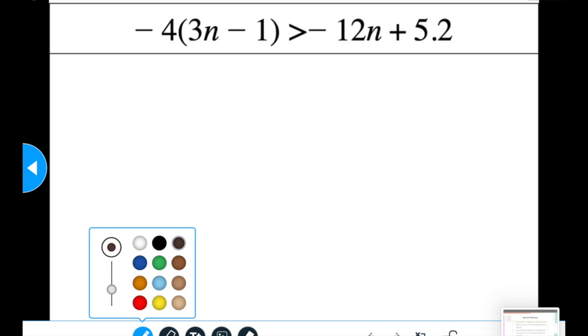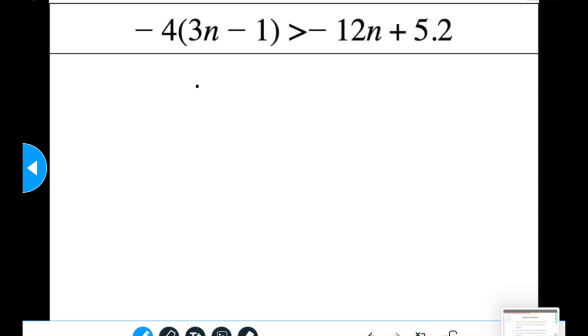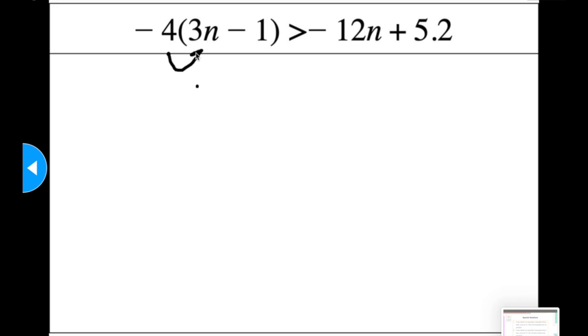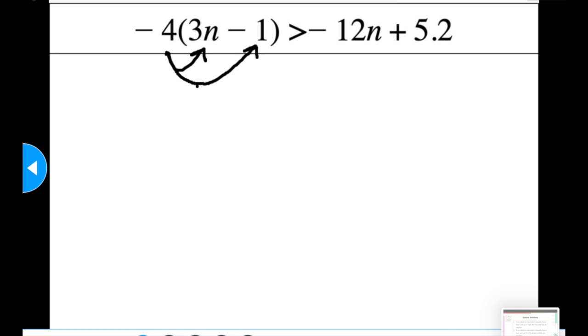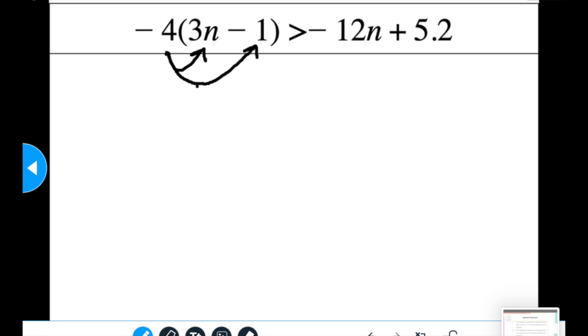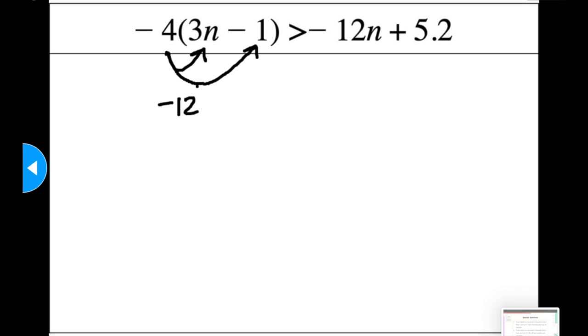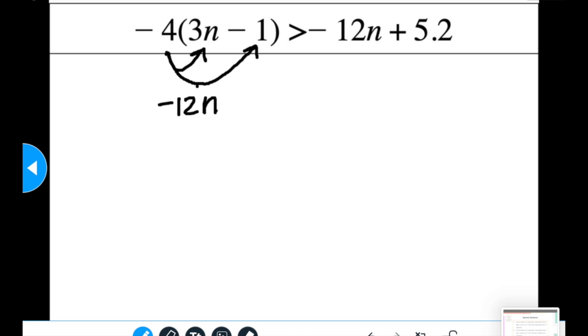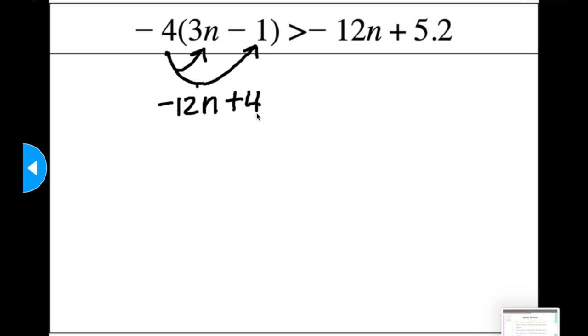Okay, so let's start it off by distributing the negative 4 to the 3n and to the negative 1. Negative 4 times 3n gives me negative 12n, and negative 4 times negative 1 gives you positive 4, and that's greater than negative 12n plus 5.2.